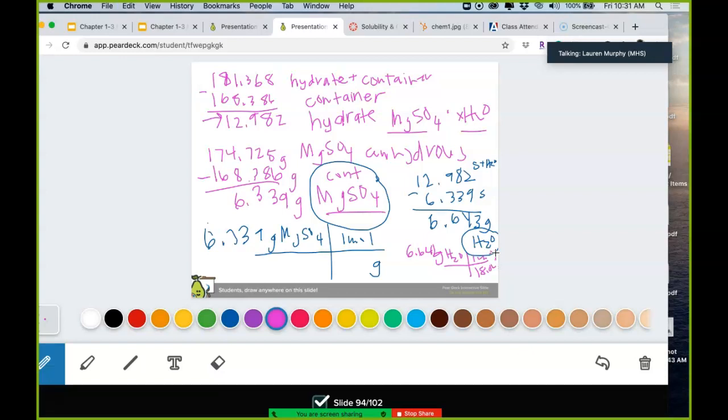Anybody have magnesium sulfate's molar mass? 120.38. Okay. So you take 6.339, you divide it by 120.38, and this is like 0.0526 something.